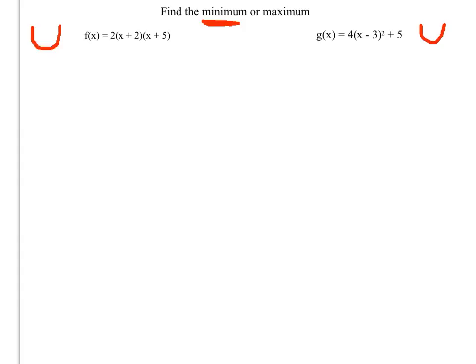So we already went through the work of getting these equations into standard form. So we have f of x is equal to 2x squared plus 14x plus 20. So now, if we want to find where the vertex is, we first need to find the x-coordinate.